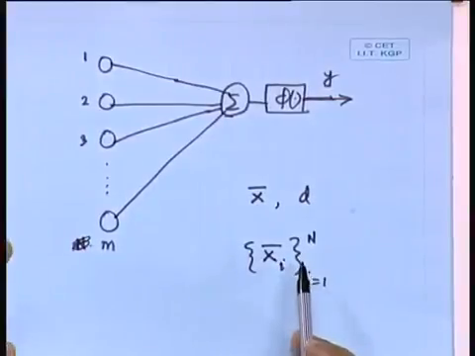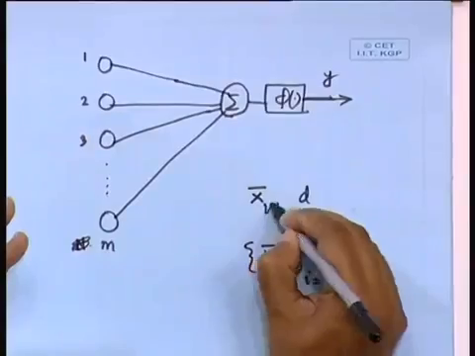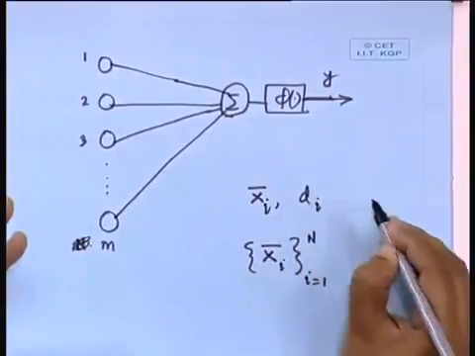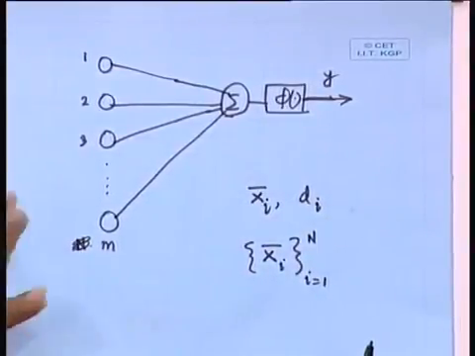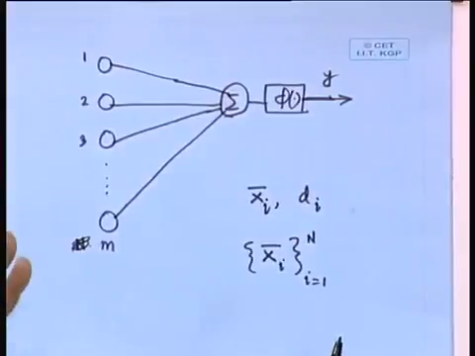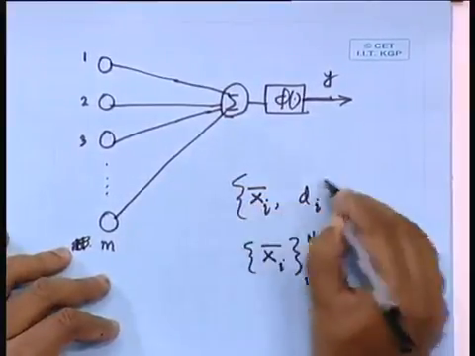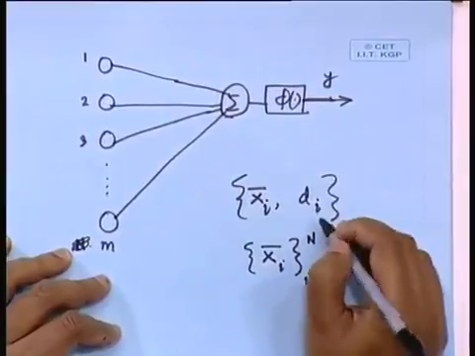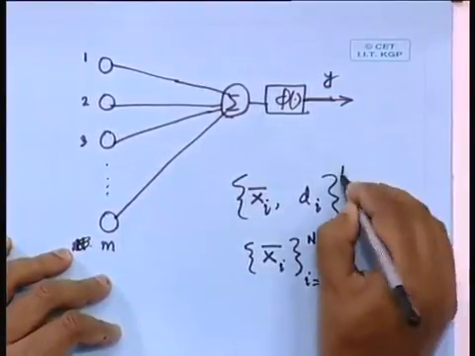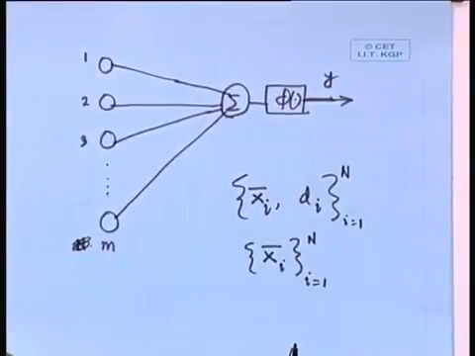For every input vector Xi, we are going to get a desired response Di. Xi is a vector giving the inputs and Di is the desired output of it. So we have an association between Xi and Di, for i equal to 1 to n.